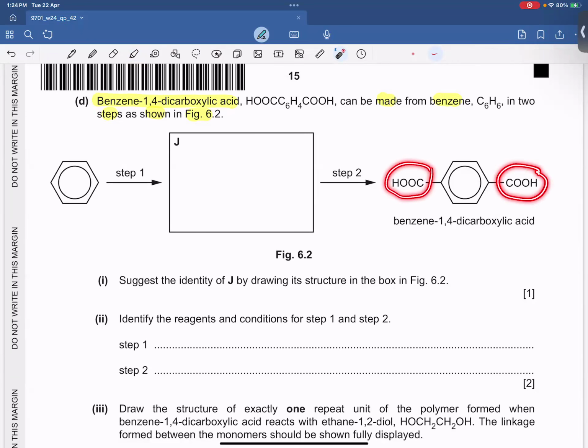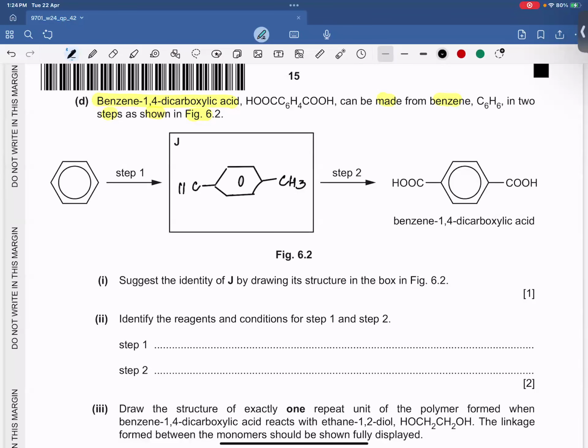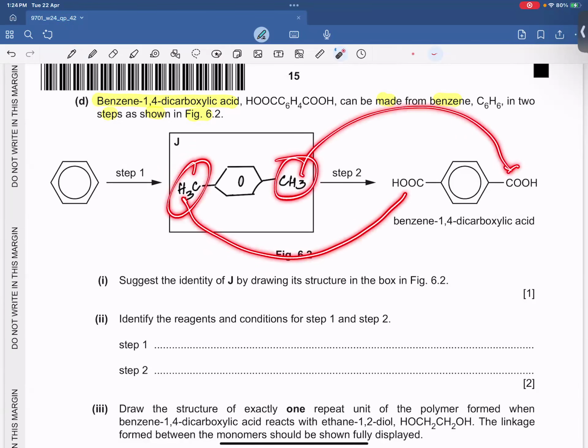So we need to convert CH3 into COOH. I believe this must be CH3 and this must be CH3. So this CH3 will turn to COOH and this CH3 will turn to COOH.